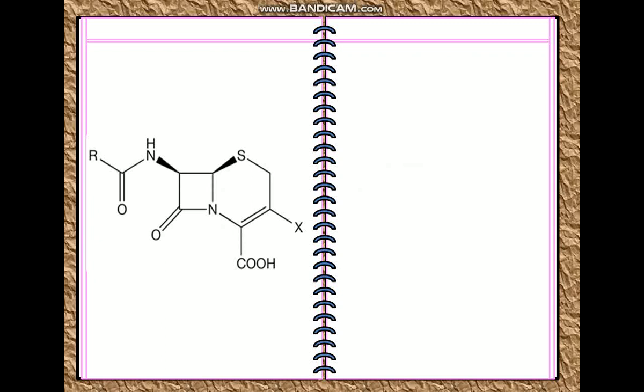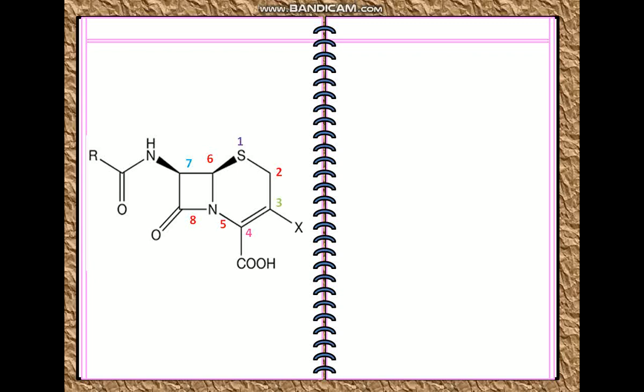First start with the sulfur, which is number 1, then second, third, where one substituent is present, that is X. Then the fourth carbon atom has a carboxylic acid substitution. Next, fifth, then 6, 7, where one acyl amido substitution is present, and the eighth is a ketone group at the 8th position.